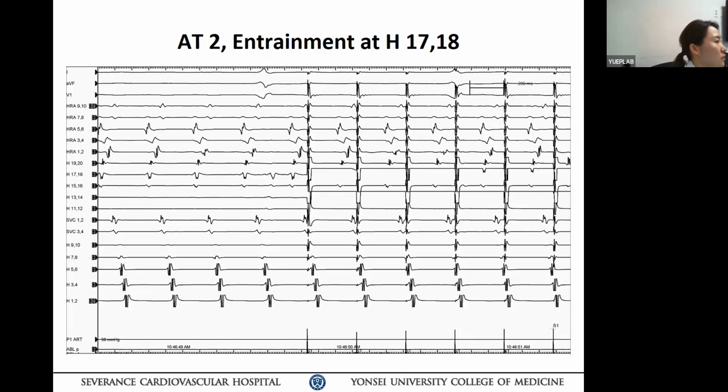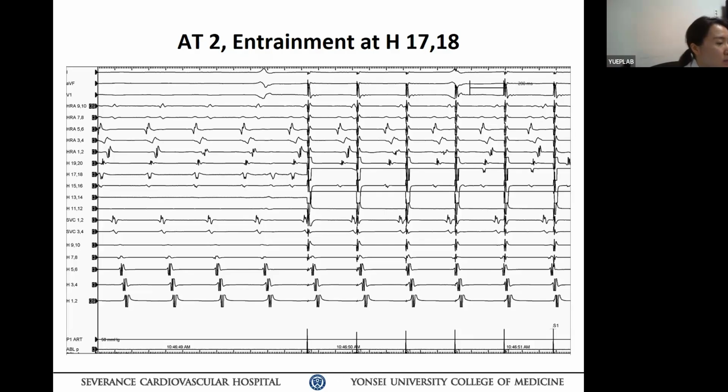Please compare the voltage map and the activation map side by side, because you need to define which area is the critical area and provide the functional reentry or the scar-related fixed substrate. I strongly recommend comparing the voltage map and activation map together with a high density map.